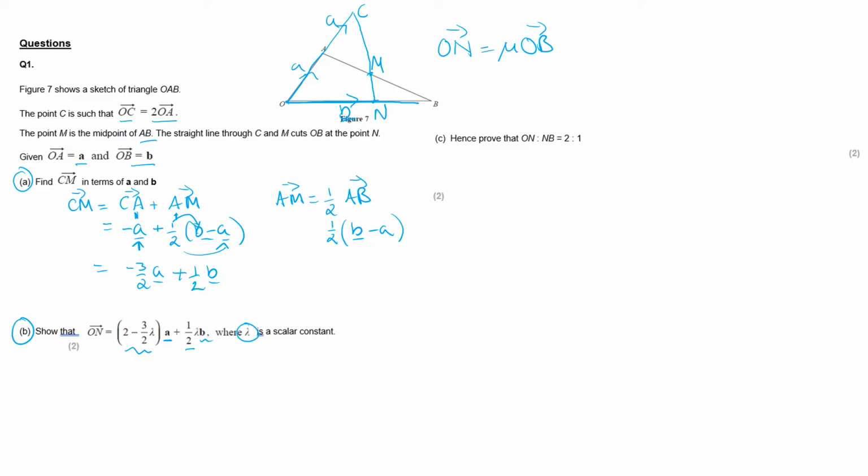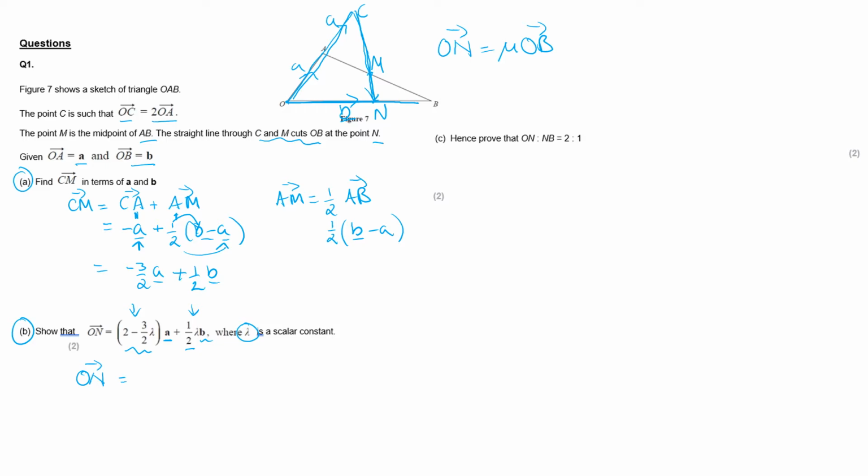But here we can see that what we're after is a journey that includes some part of A. So we're not going to go just directly along that baseline. We need to go all the way to C, and then because we are told that C, M and the point N are on a straight line, it's going to be some lambda of C to M. Now lambda will be bigger than 1 because we need to go past M and then carry on to N.